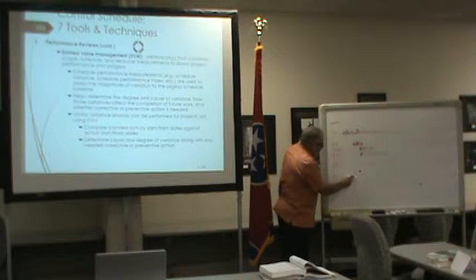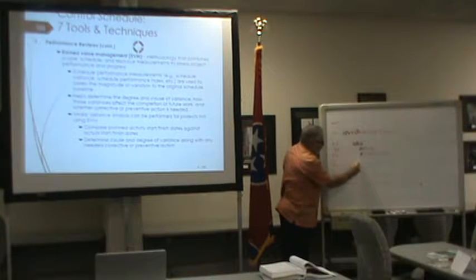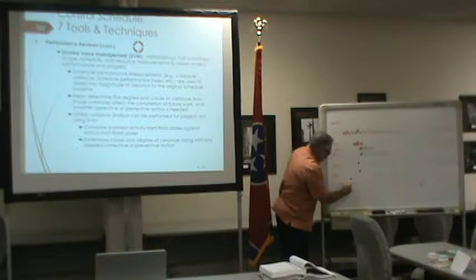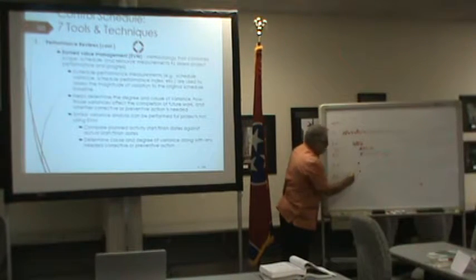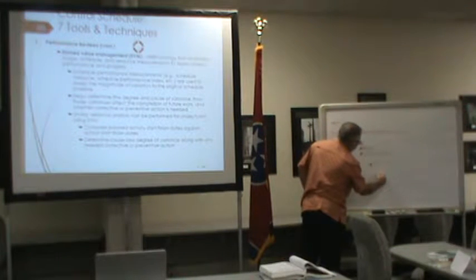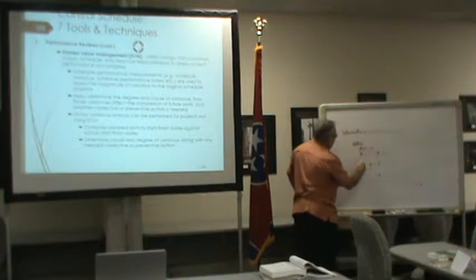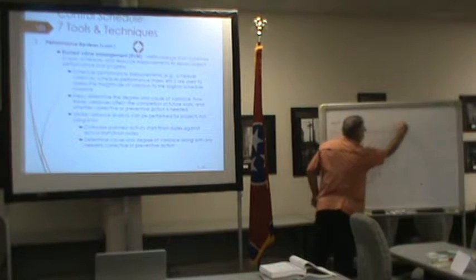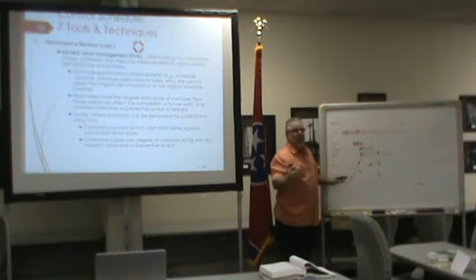Now, if I add this to this and put that right there, what have I got then? Cumulative spend. So I'm spending this much in one, this much in two. If I continue that on out, here, here, and here, I come up with a cumulative spend plan that goes out here somewhere.